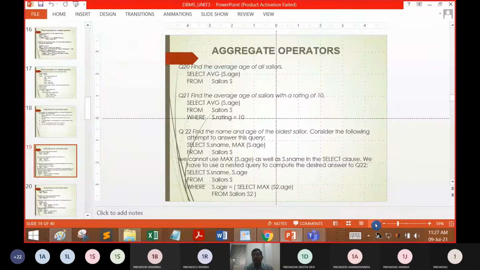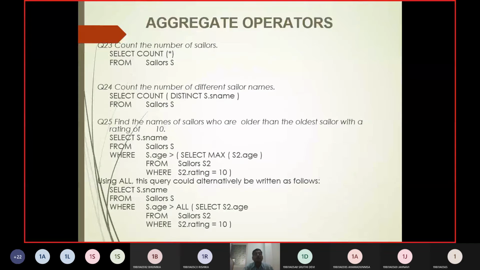Okay, after aggregate functions, another aggregate was to find the count of the sailors. In order to find the count of the sailors, we have count star, where star indicates all.